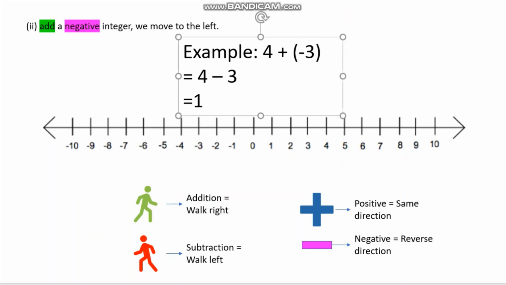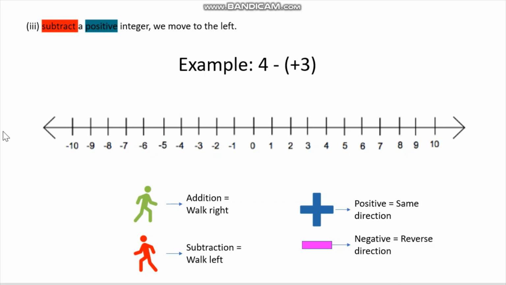Let us take the next scenario. So this is a case where you have to subtract a positive integer. Again, let us take this in two parts. First, we see that it's a subtraction, so that means we have to walk to the left as shown here. Okay, so let us find our 4. The 4 is right here and we have to start walking to the left. Next, we see the sign of the integer.